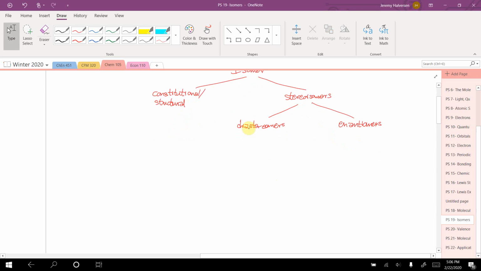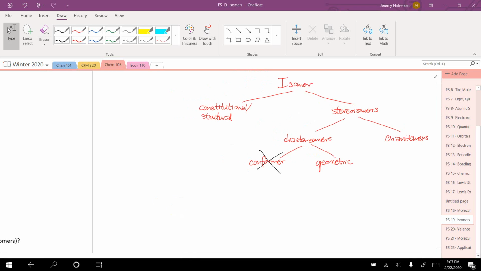And then diastereomers is going to split further into conformers, or conformation isomers, and geometric. Now I'll talk about what all those are. First thing I'll say though is for Chem 105 we don't really care about conformation isomers.